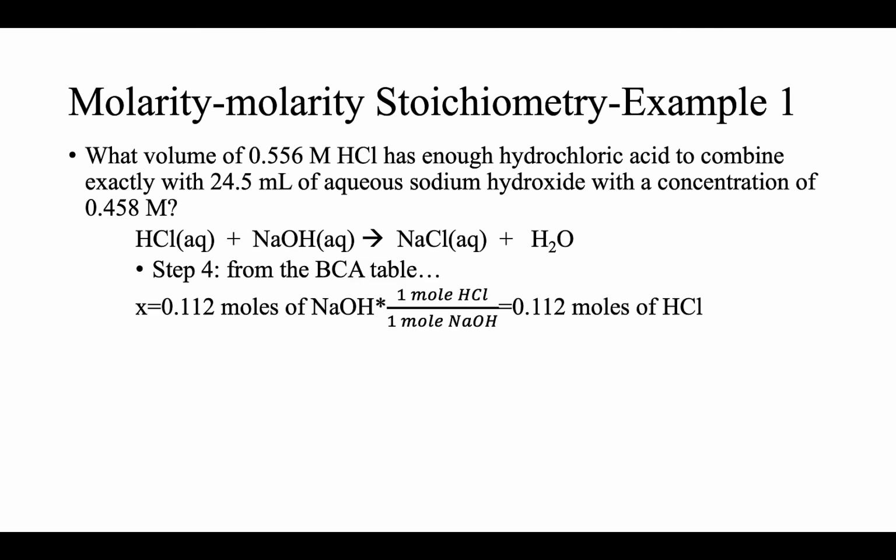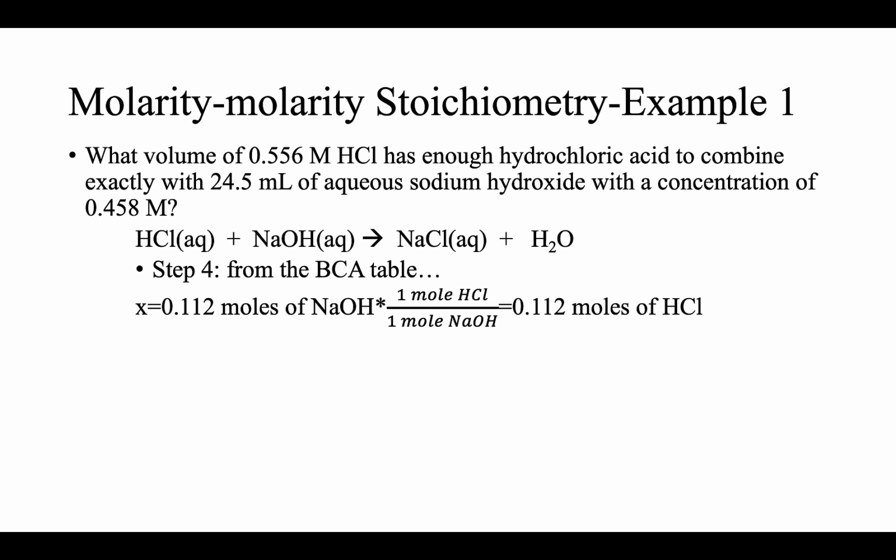What does that tell you from this BCA table? It tells us that in order to calculate the number of moles of HCl to begin with, I can use the number of moles of NaOH. The conversion factor that I need here is the mole ratio between NaOH and HCl.